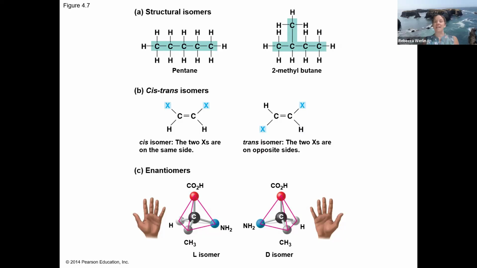And then you also have enantiomers. This is really shown with hands because the enantiomers, as you can see, again, have exactly the same chemical formula with the carbon and oxygen and hydrogen at the top with their red sphere. Then you have the central carbon in black. You have a hydrogen in white, a methyl group, CH3, in gray, and then the amino group in blue.